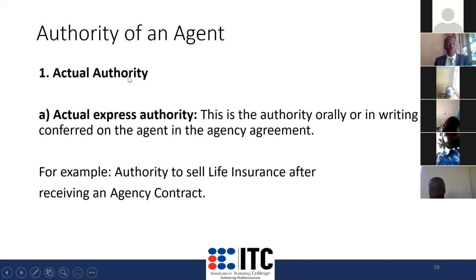So here we go to authorities. Authority, we're going to look at 3. And in those 3, we're looking at before you go to sell, where do you get those powers? Where do you get the authority to do what you're going to do from now?